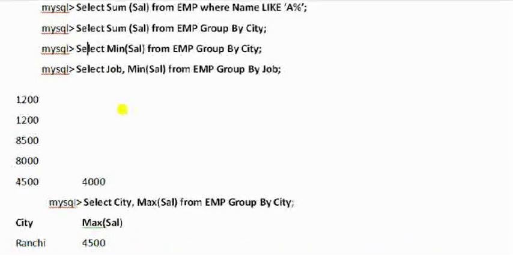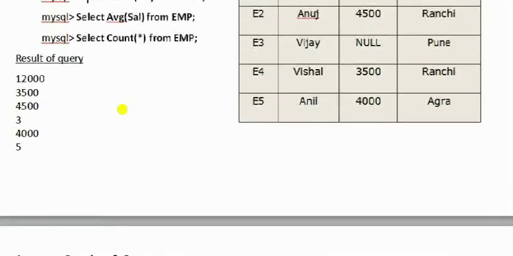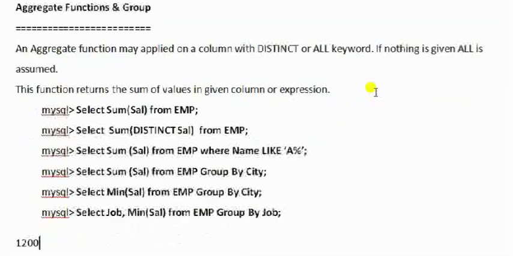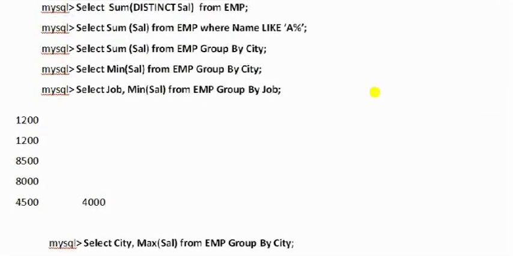Now minimum sal of EMP group by city. Minimum sal among the groupings. So these are the two groups, Ranchi, so two values of the same group, Ranchi group. So minimum value 3500.